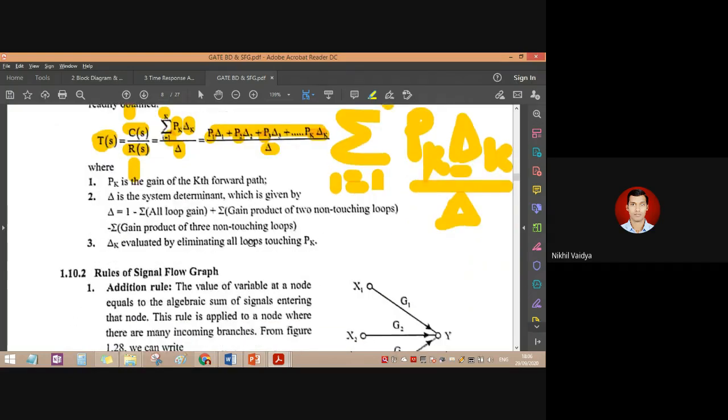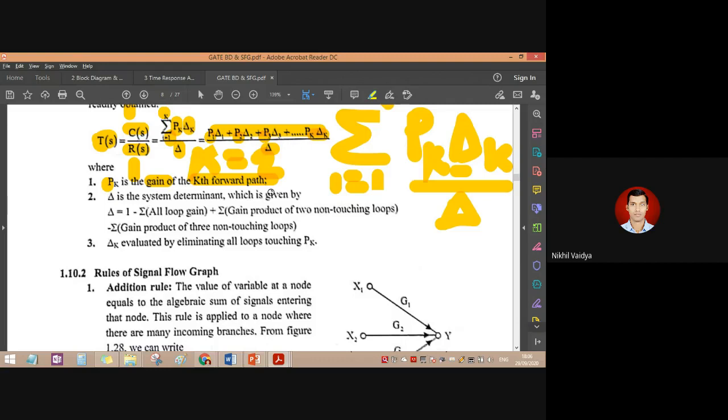Listen carefully now. What is Pk? Pk is the gain of the kth forward path. What is the meaning of k? K is nothing but the number of forward paths. So if k is equal to 2, there are 2 forward paths. If k is equal to 1, there is only one forward path.